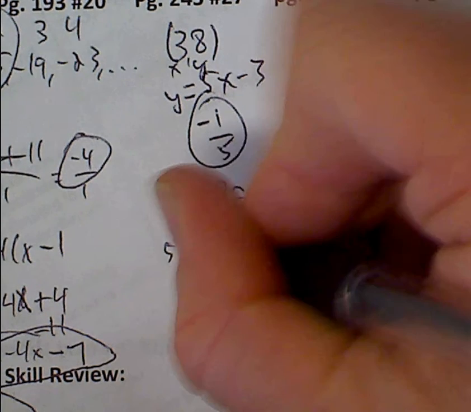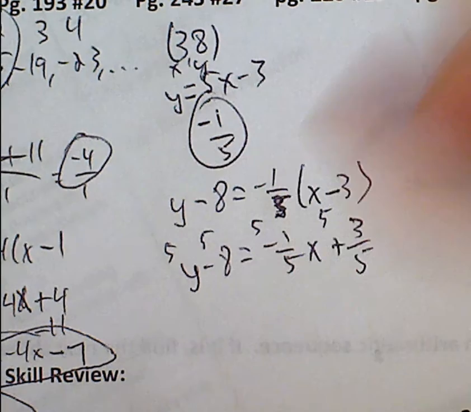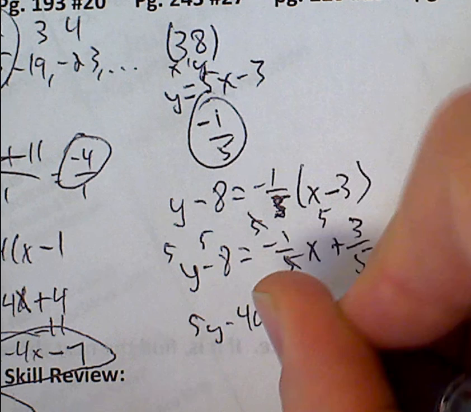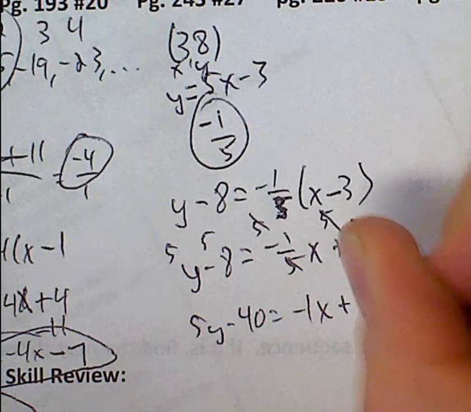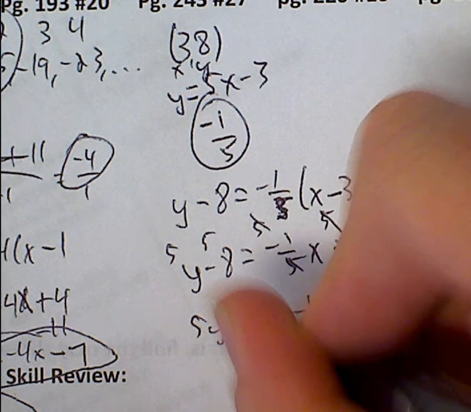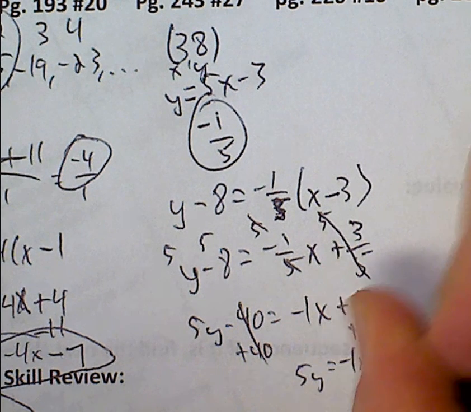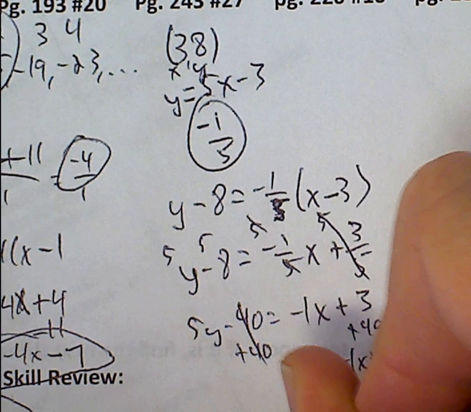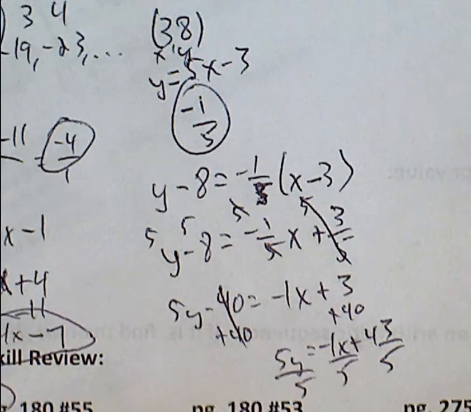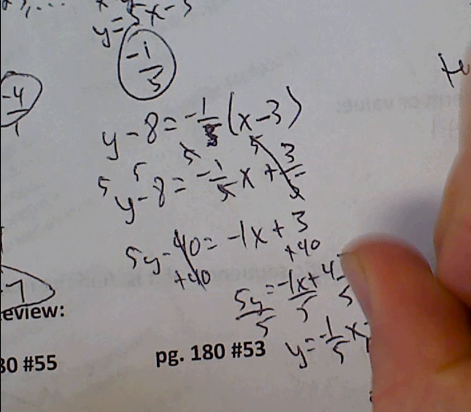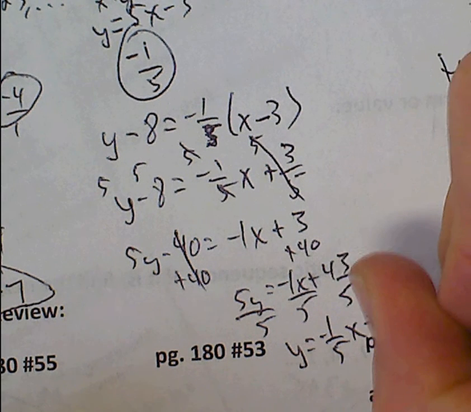I'm going to multiply everything by 5 since I already have a fraction. 5y minus 40 equals negative 1x plus 3. I'm going to add 40, 5y equals negative 1x plus 43. And I'm going to divide by 5. Y equals negative 1 over 5x plus 43 over 5.